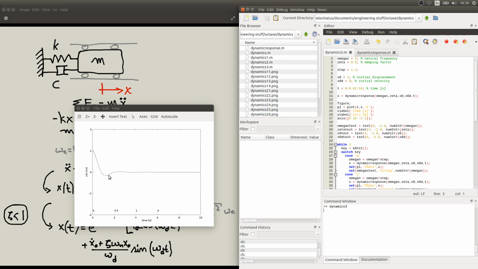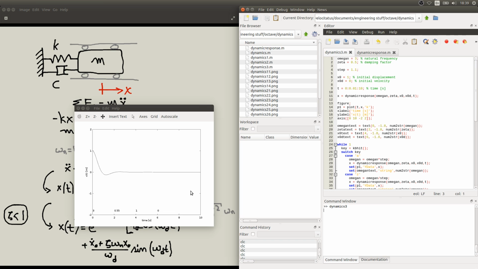And it has an oscillation, but as we have damping in our system, quite a strong damping, this amplitude decays rapidly to zero. And again, we can change these parameters as we have them here to see what is the consequence for our system.